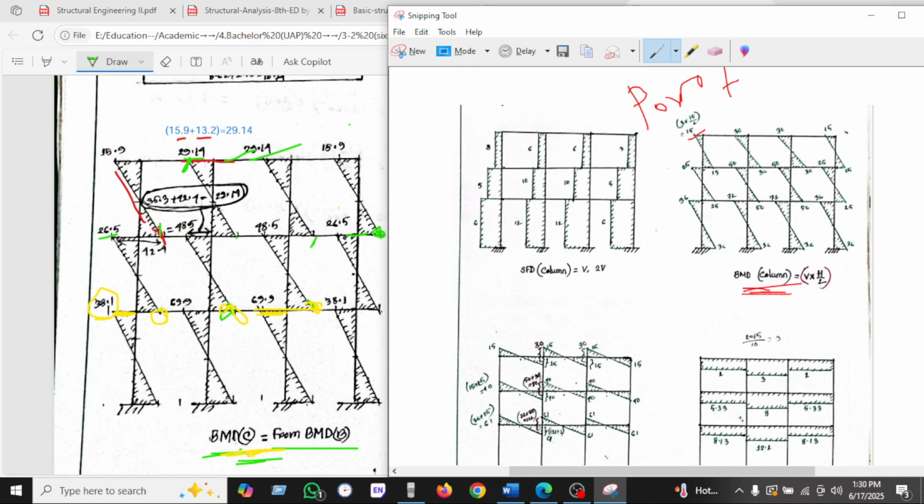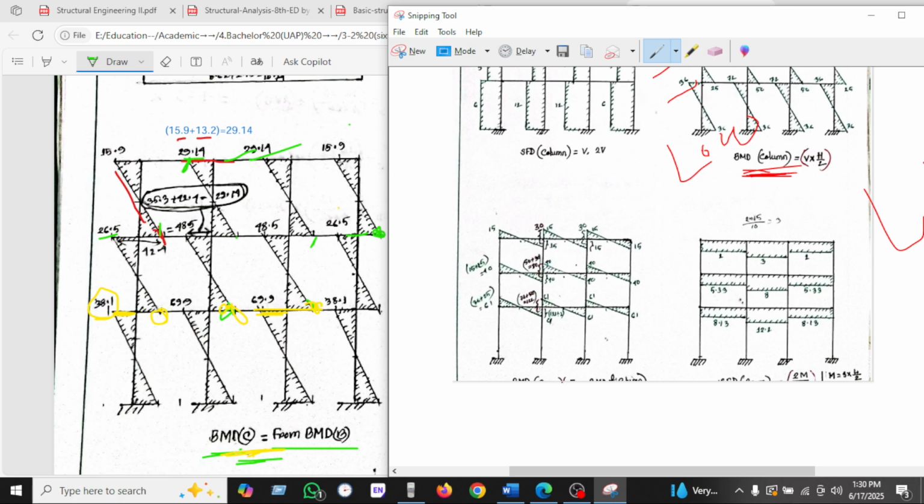You can see the bending moment of the column we found 15. On the other hand, in the right portion we found 15.9, and we found 25, and 16, and 36, and here we found 36.1. So we can see the bending moment of the cantilever method is much greater, and that of the portal method is lower.